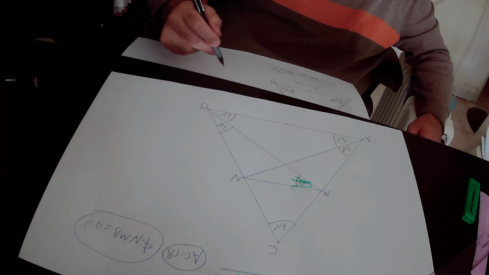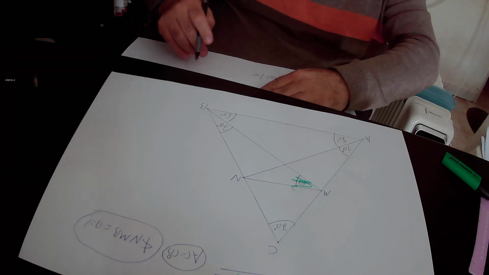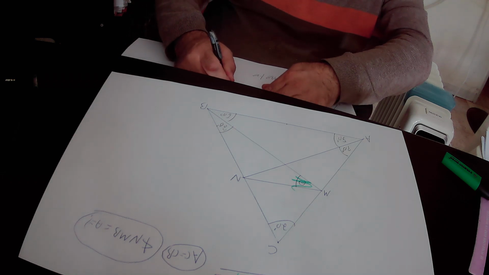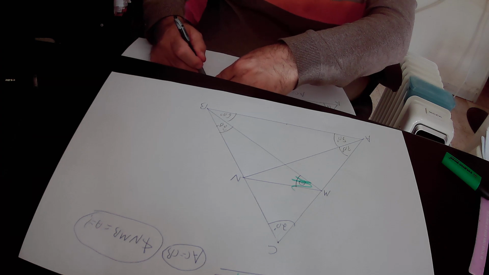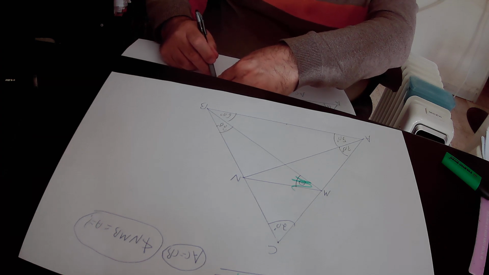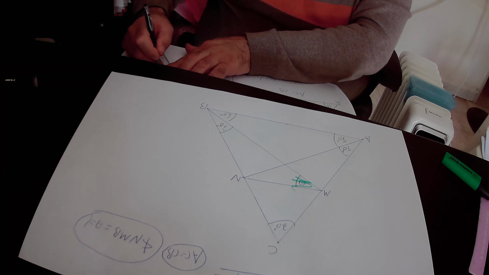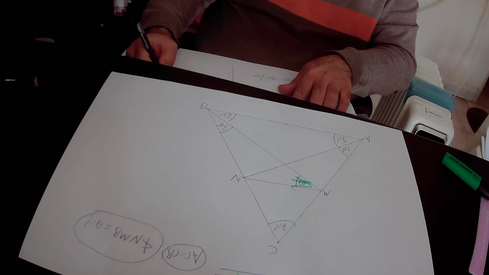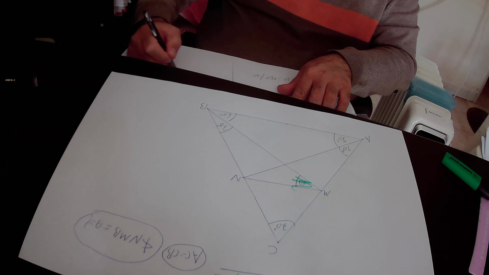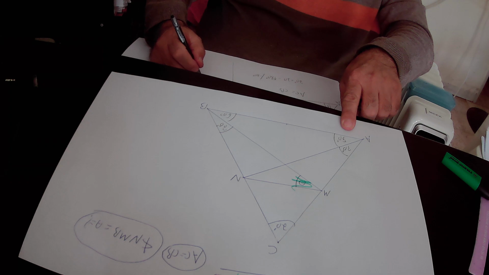I copy triangle NAB in a new page and we analyze it. This angle NAB equals 50 degrees.